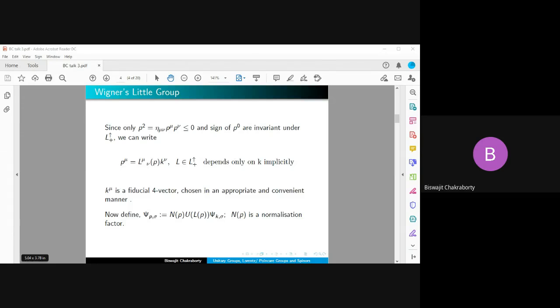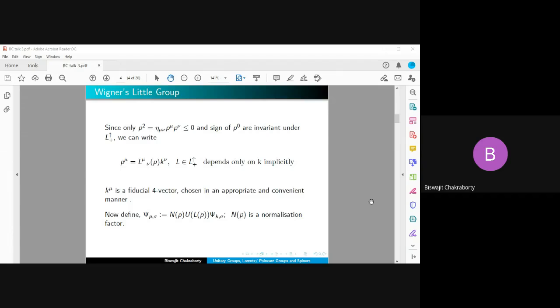This choice you can make arbitrarily, but to identify what sort of group is working behind these things, it will be better to choose a convenient one, as we will show below. So you can apply this Lorentz transformation, which is from the proper orthochronous group. You can find infinitely many of them, practically, which connect this p^μ to the given fiducial four-vector we have chosen in some appropriate and convenient manner.